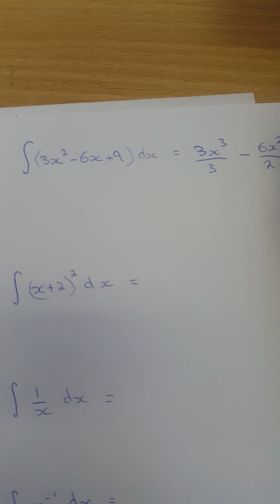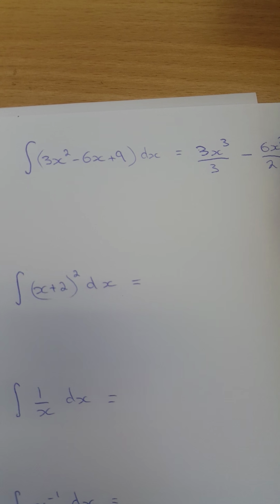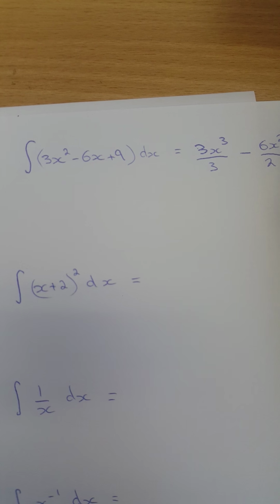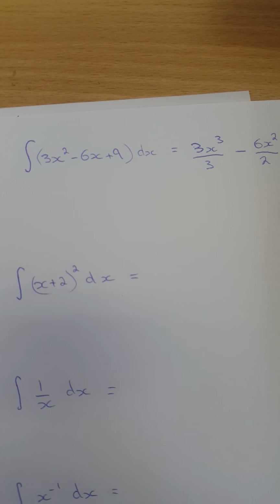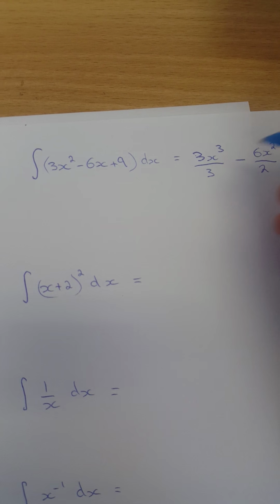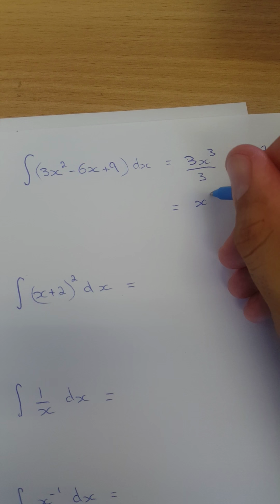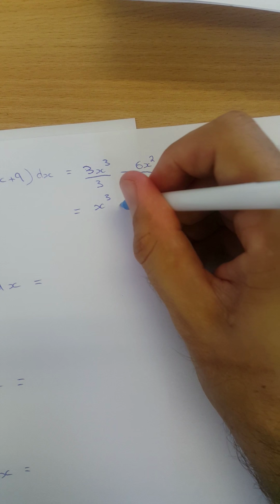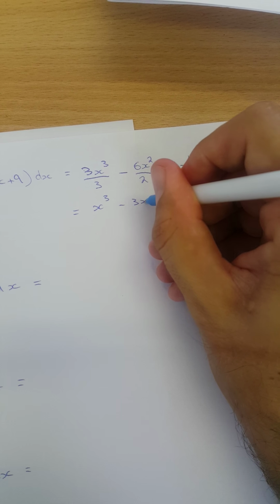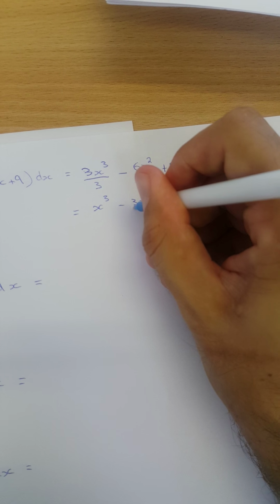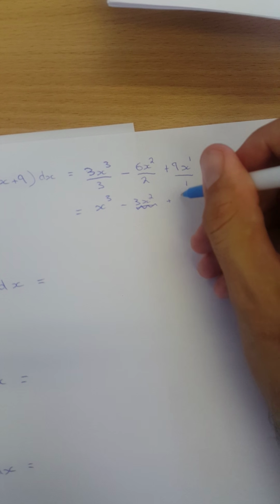And the last one, the +9, well, the x would be x to the power of 0, so it would now be 0 plus 1, and likewise on the bottom. And of course we can simplify that by cancelling, so that will be x to the power of 3. And this will become -3x squared over nothing, and that will be 9x.